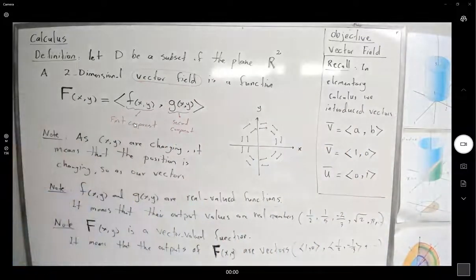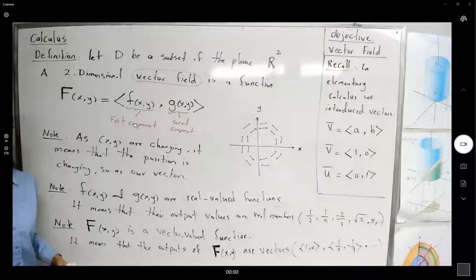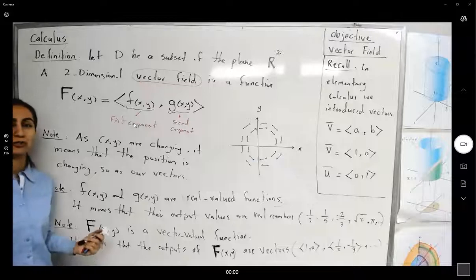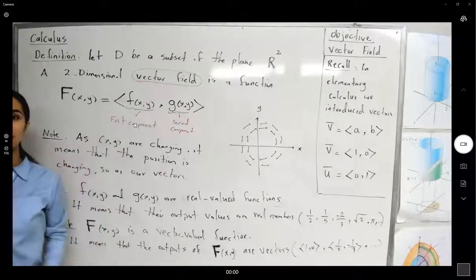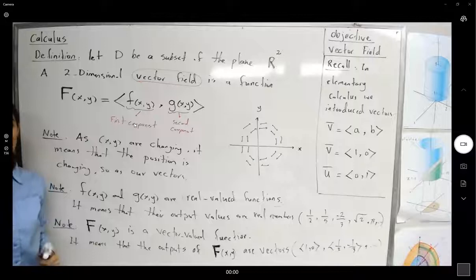Very well. Give us an example. One example for you and how to graph a vector field in the plane. Later on, we're going to introduce a vector field in space and learn how to graph it in space.